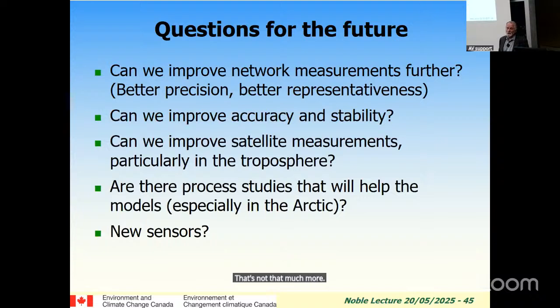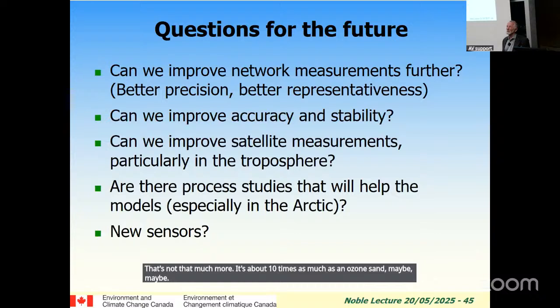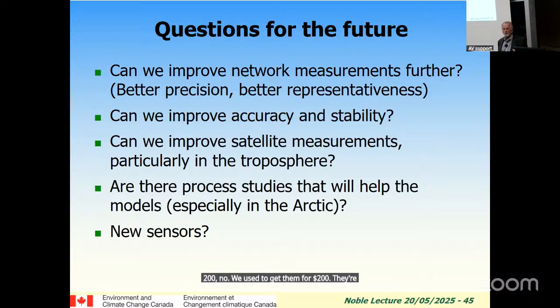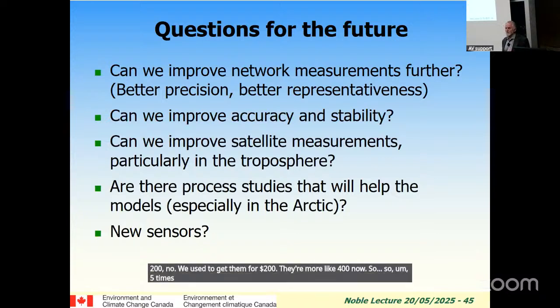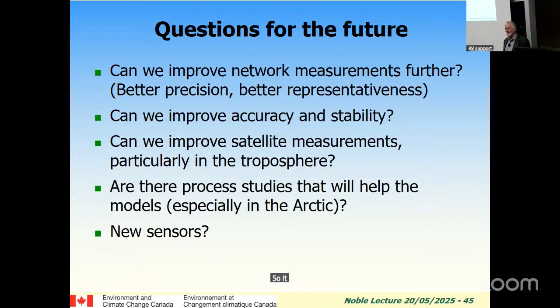It's about 10 times as much as an ozone sonde, maybe 200 now. We used to get them for 200. They're more like 400 now. So 5 times as much as an ozone sonde. So if you could recover them most of the time, you could consider flying them on a balloon and get an awful lot more information about the troposphere.